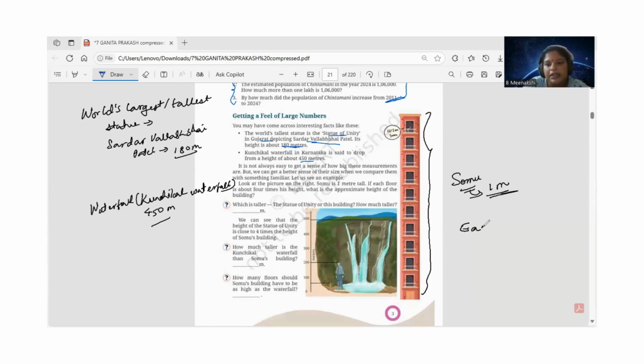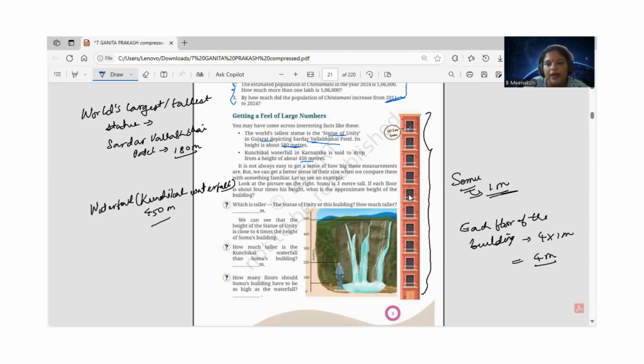Means each floor of the building is 4 times 1 meter, it is 4 meters. Like that, there are how many floors? Let us see. 1, 2, 3, 4, 5, 6, 7, 8, 9, 10. So there are 10 floors in this building.